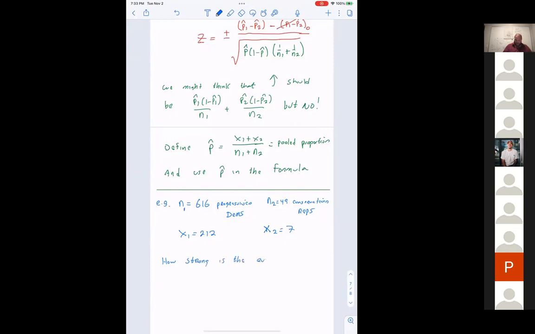How strong is the evidence that a larger proportion of progressives, I'm going to write Dems, have a false memory of this event than conservatives?